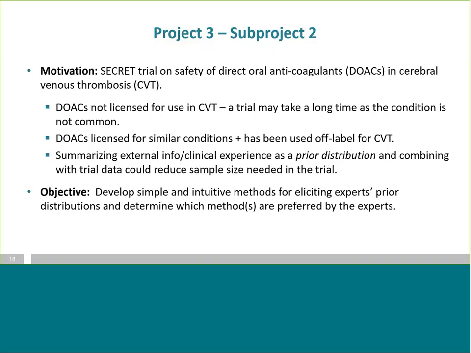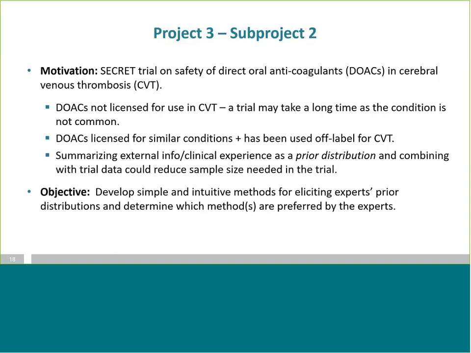Okay. Now, the big hurdle in doing this is to try to figure out, well, how do you summarize this external information? And the standard way this is done is by what we call prior elicitation of expert opinion.